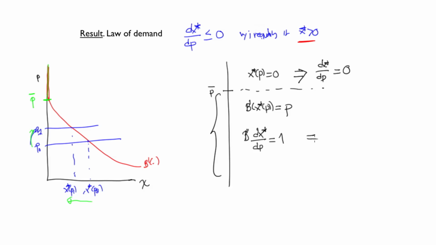Now, this implies that the derivative of x star with respect to price is equal to 1 over this second derivative of the benefit function, but we know that this is negative. This is one of the assumptions of the model, and therefore the whole thing has to be negative. I like this mathematical proof because it really shows a connection between the second derivative of the benefit function and the law of demand.